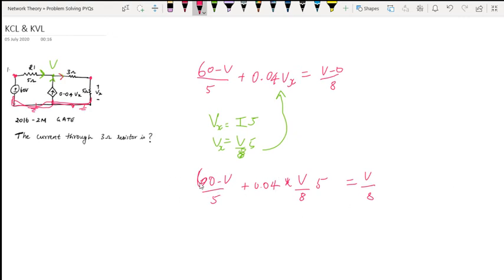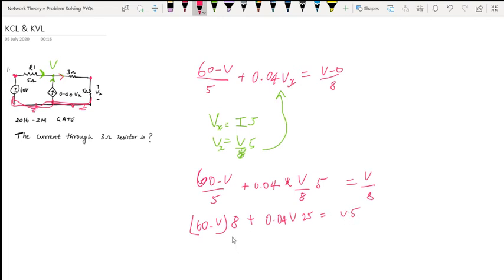If I multiply 40 with this, it becomes 60 minus v into 8 plus 0.04 into v into 25 equal to v into 5.